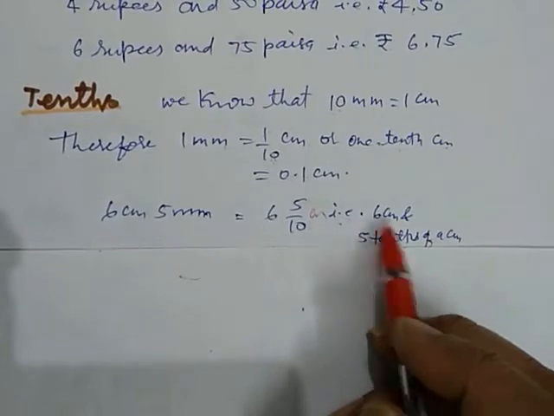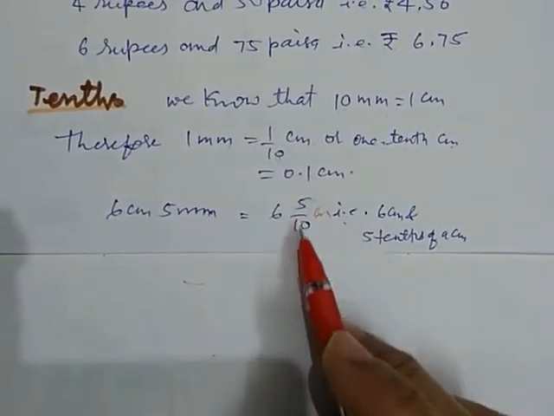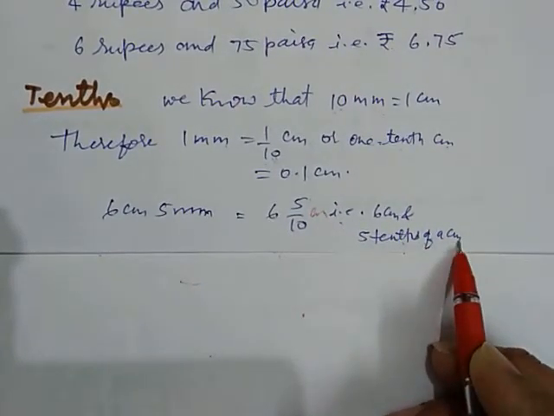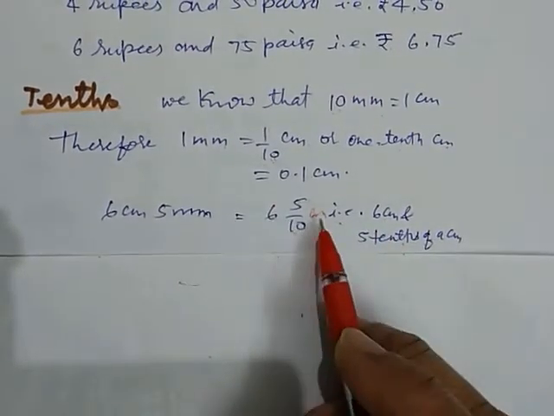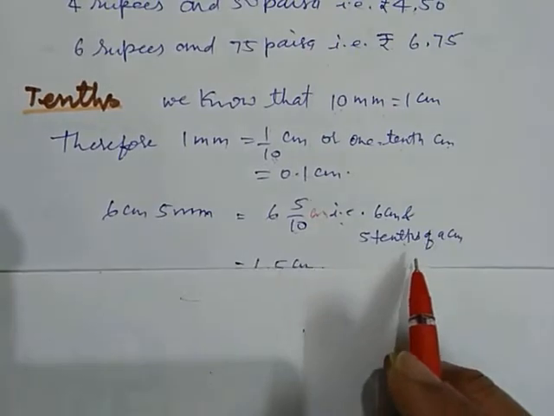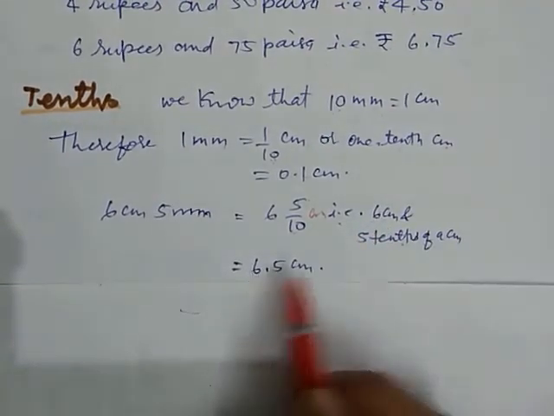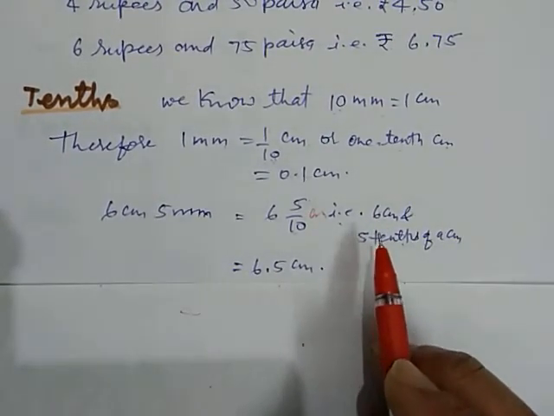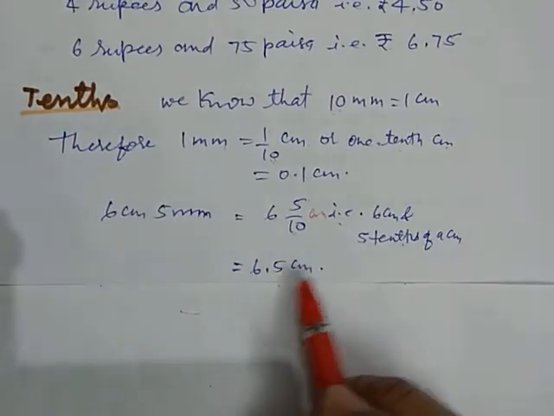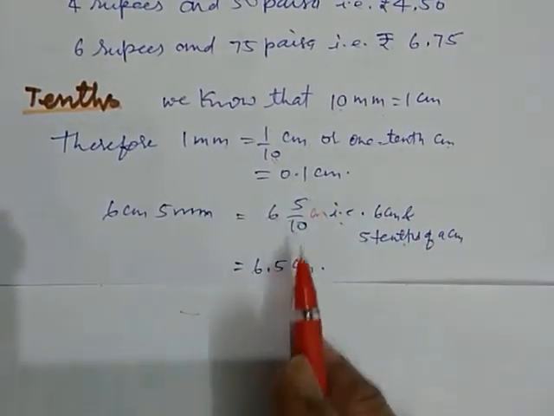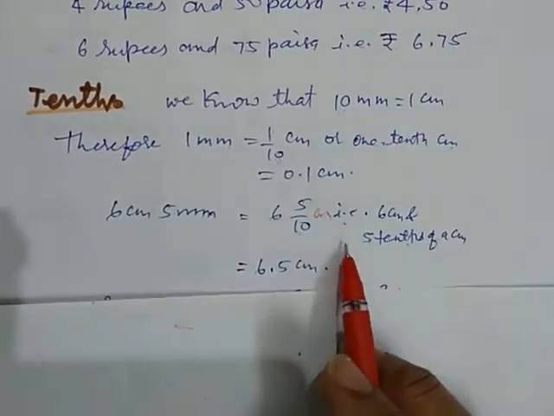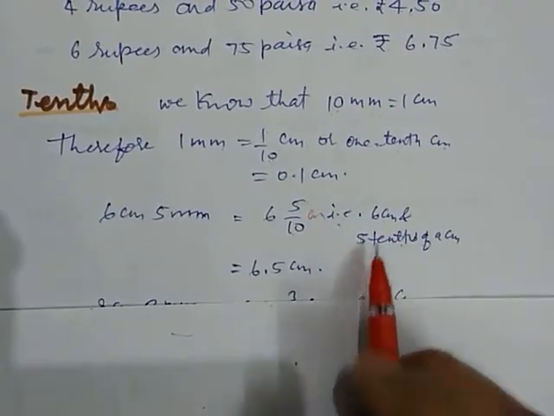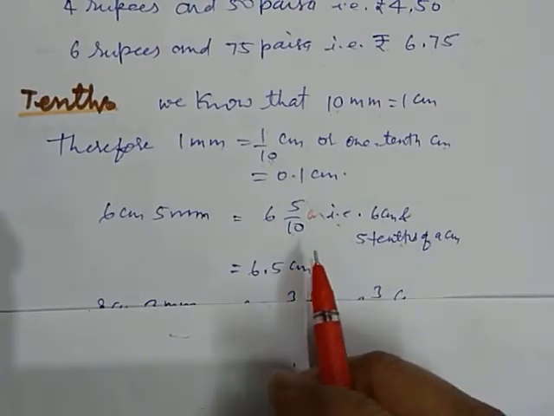That is 6 centimeter and 5/10 of a centimeter. 5/10 is 0.5. So this becomes 6.5 centimeter. This is how we convert, and this is the tenths. Tenth means 10th parts of a centimeter.